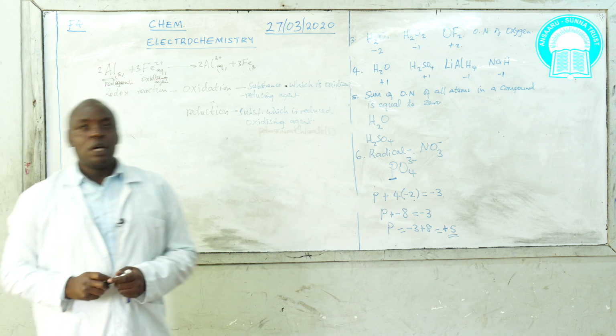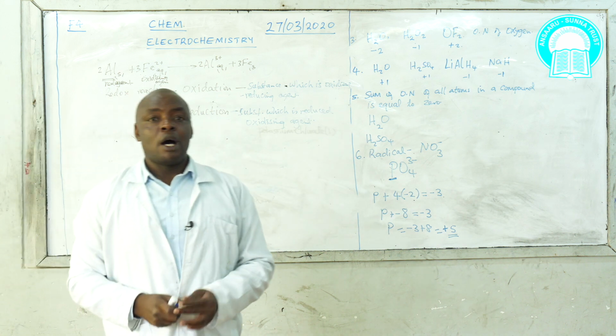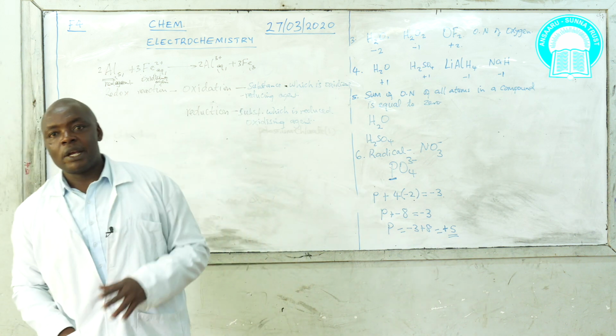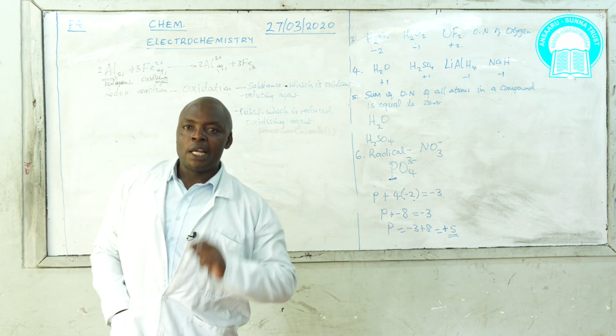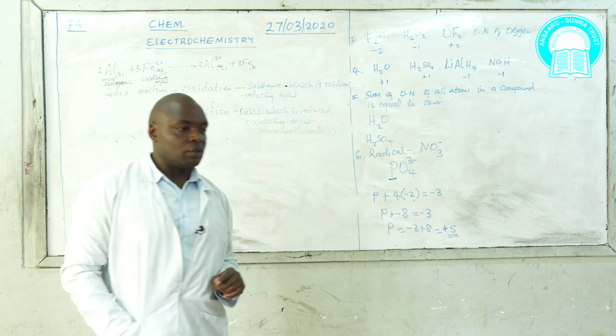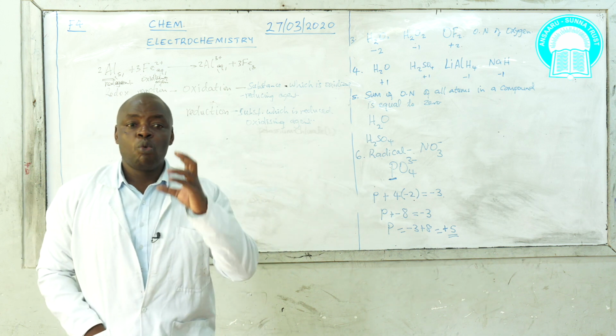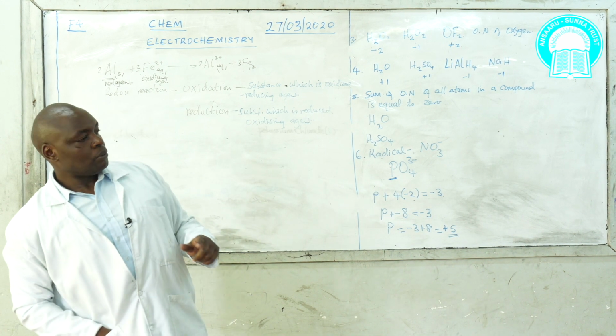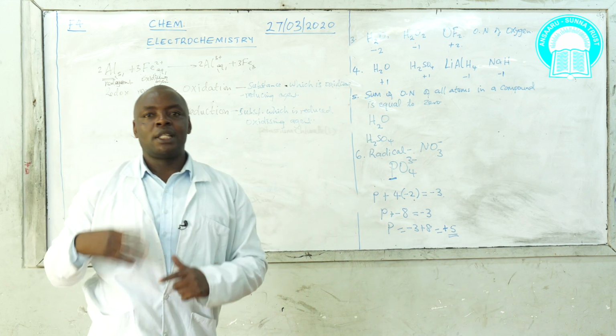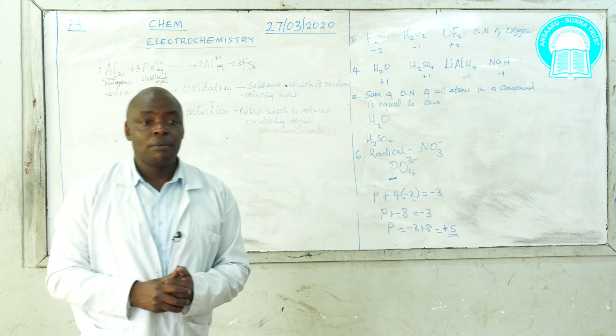So today we have discussed electrochemistry as a branch of chemistry that deals with the relationship between electrical energy and chemical reaction. We have said that relationship is discussed in 2 ways. One is where chemical reactions are used to produce electrical energy, that is in cells, and also where electrical energy can be used to cause chemical reactions.